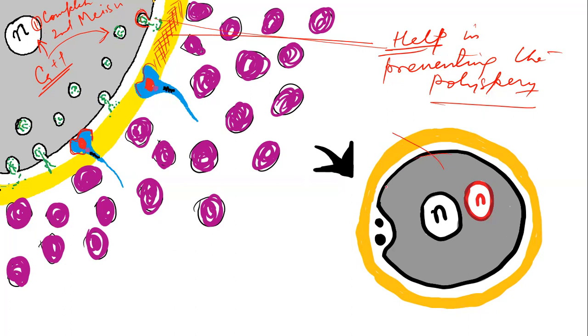The cortical and zona reaction prevents polyspermy, and due to completion of the second meiosis, the definitive ovum is formed, and one second polar body is also produced. Previously it was one, now it is two. So there is formation of the definitive ovum with haploid number of chromosomes. Now the tail of the sperm will remain outside, and only the head will go inside. Once the head goes inside, the membrane will get dissolved and the nucleus will come out, and the nuclear membranes of both gametes, ovum as well as sperm, will also dissolve.